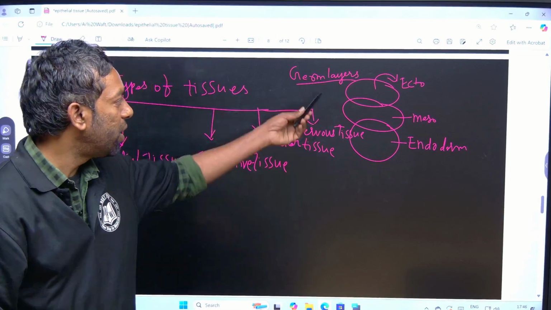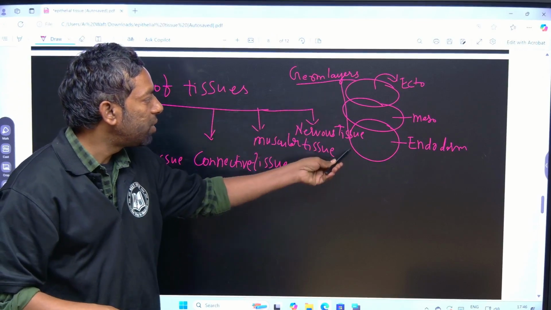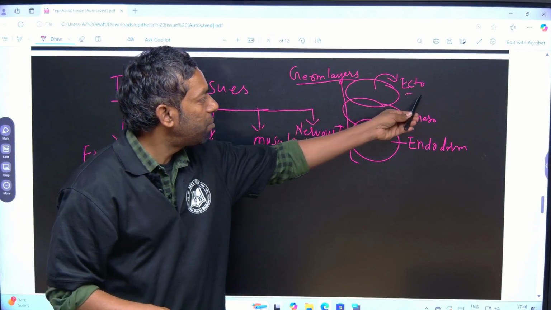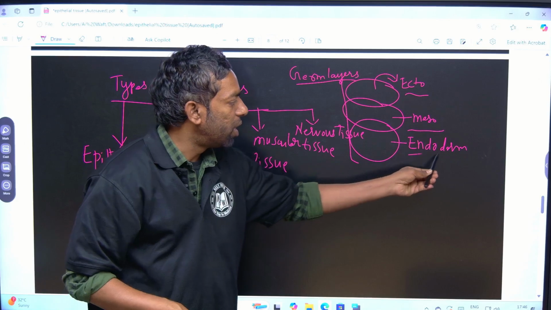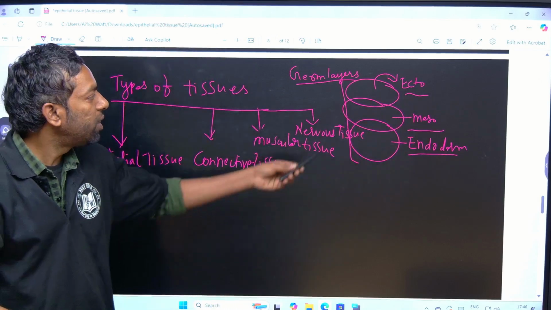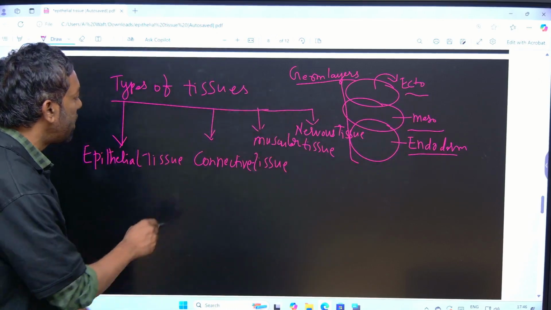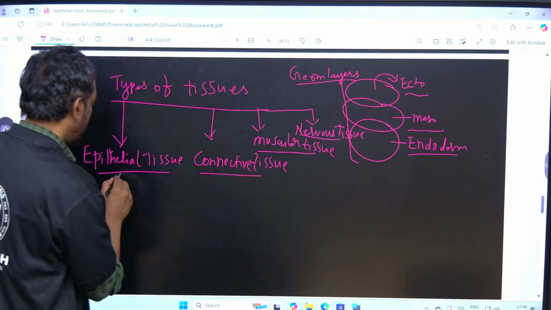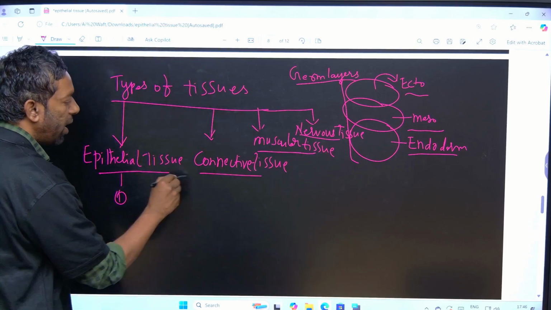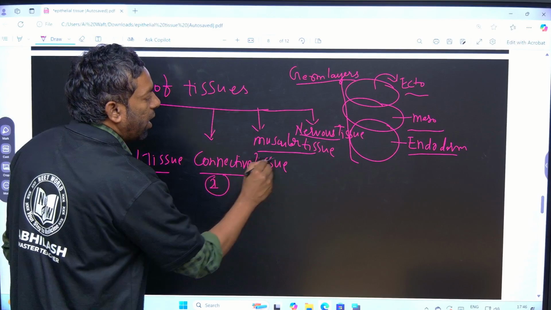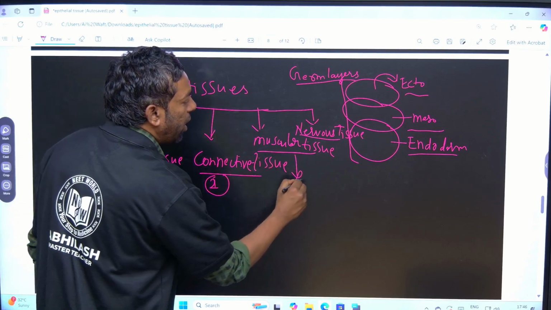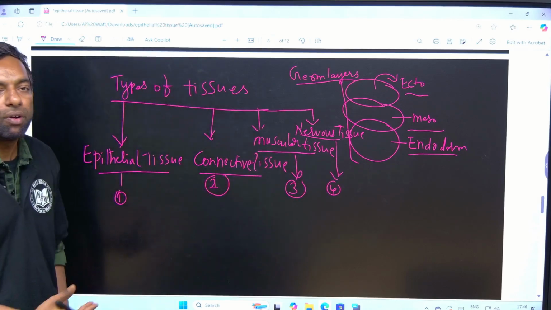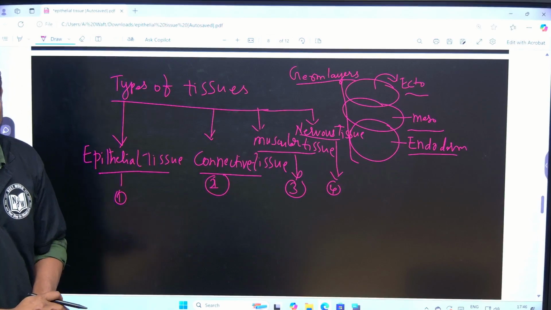First, in the embryonic development, they develop 3 germ layers: ectoderm, mesoderm, endoderm. These 3 germ layers are the reason for these 4 types of tissues: epithelial tissue, connective tissue, muscular tissue and nervous tissue.